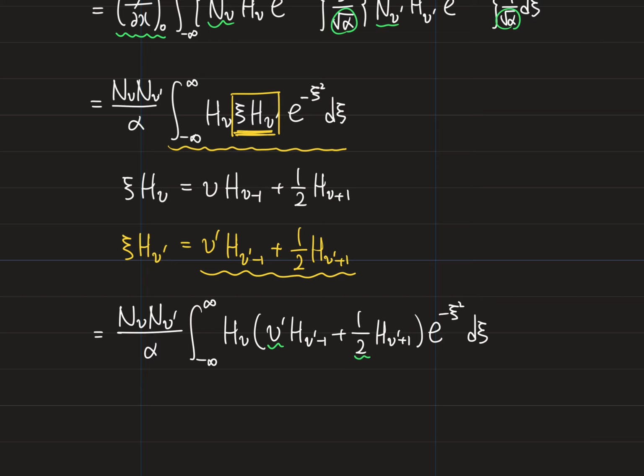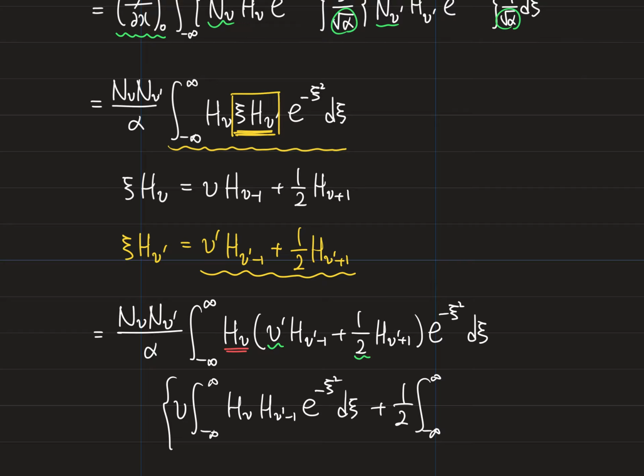They are just constants, so we can focus on the multiplication between H v and H v prime minus 1, with the exponential of minus xi squared d xi, and we have the same constant here.